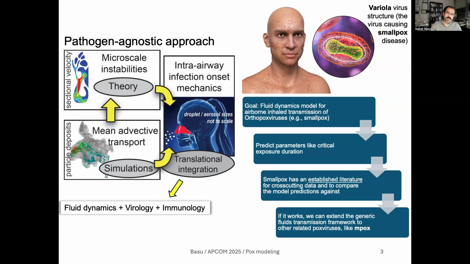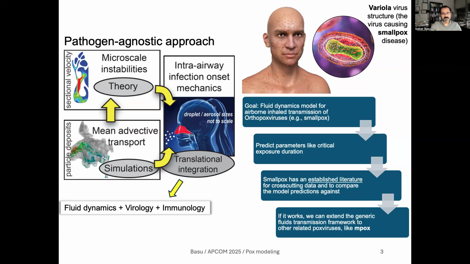Now, this particular framework in this work is being applied to smallpox. So why smallpox? The first reason is we have a lot of data in literature on smallpox, so that helps us extract the virological inputs that we need for our model.